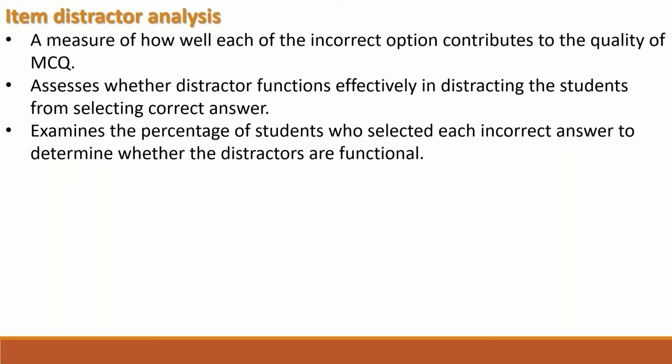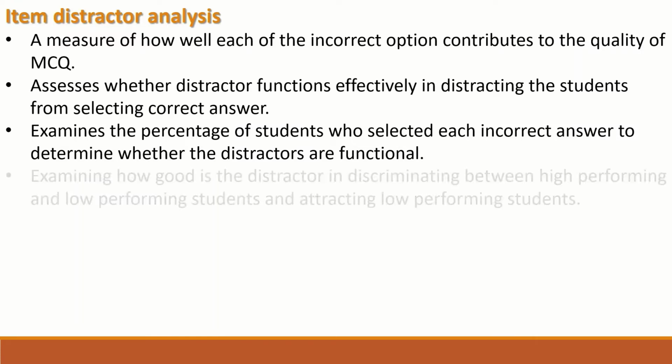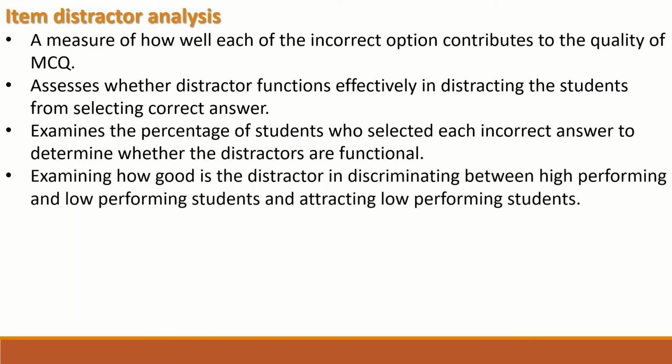It examines the percentage of students who selected each incorrect answer to determine whether the distractors are functional. It also examines how good the distractor is at discriminating between high-performing and low-performing students and attracting low-performing students.